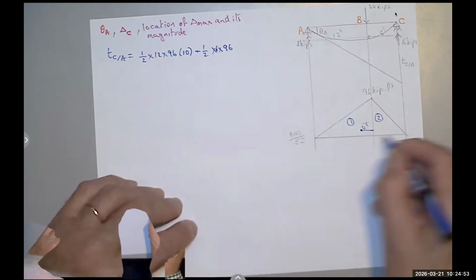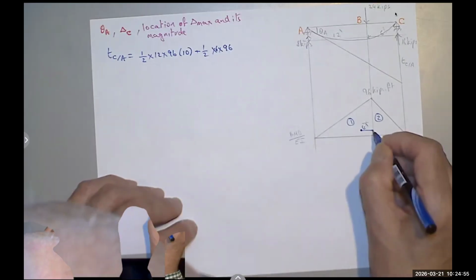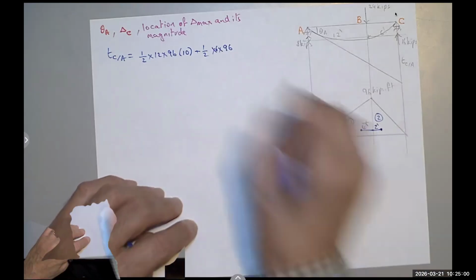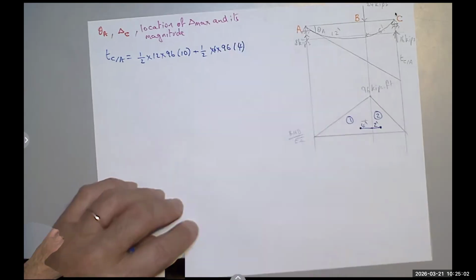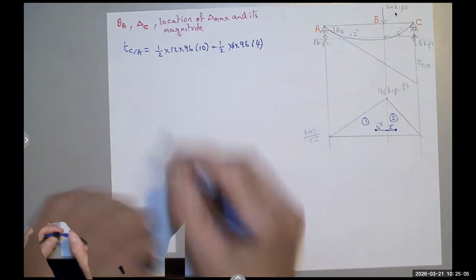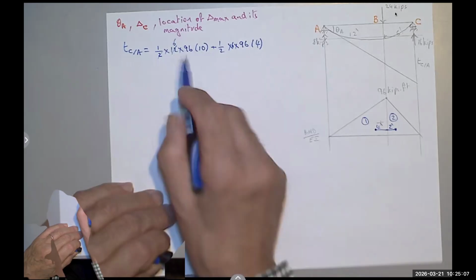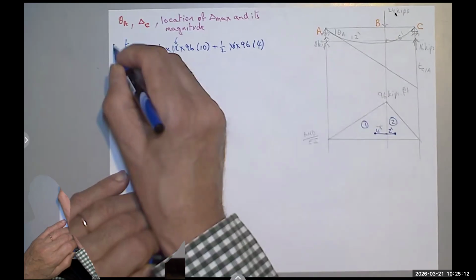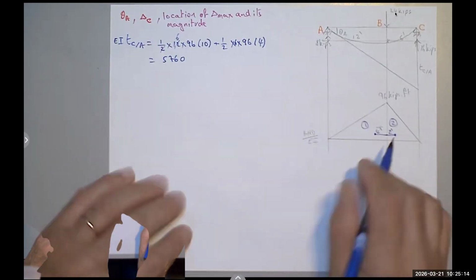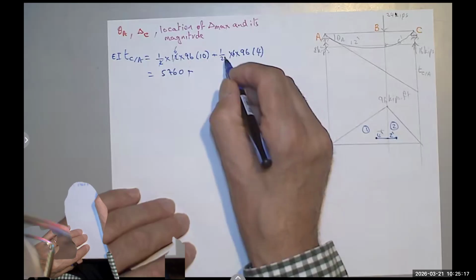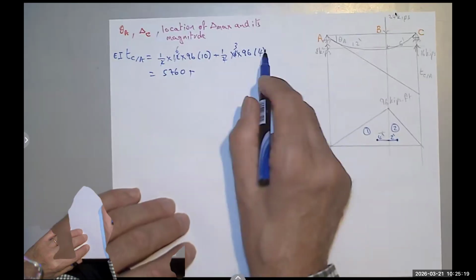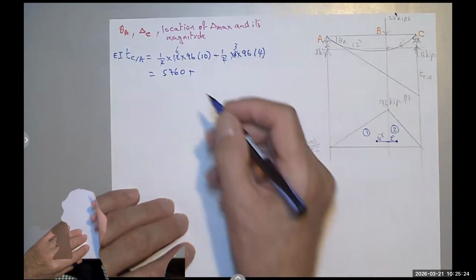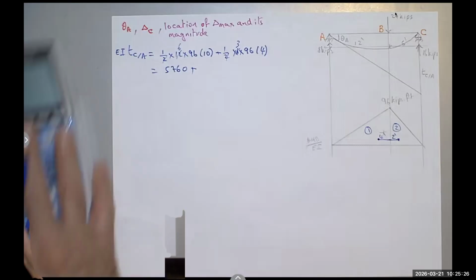And now this is 2/3 from here, meaning this is 2 feet, and the distance from C is 4. This is 6. 6 times 96 is 576, times 12 is 6912, over EI, of course. Plus this is 3 and 12, so 960 and 192, that's 1152 or something.